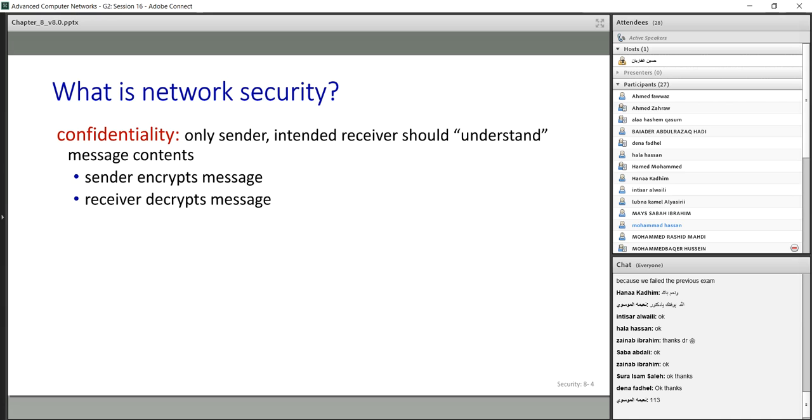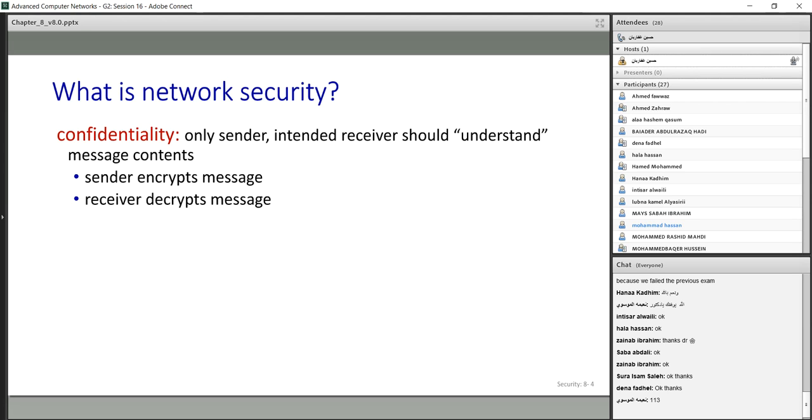This is a simple method for encryption. You say something, and the other side understands something else. If I hear the message, I can't understand the real or the main content of that message.